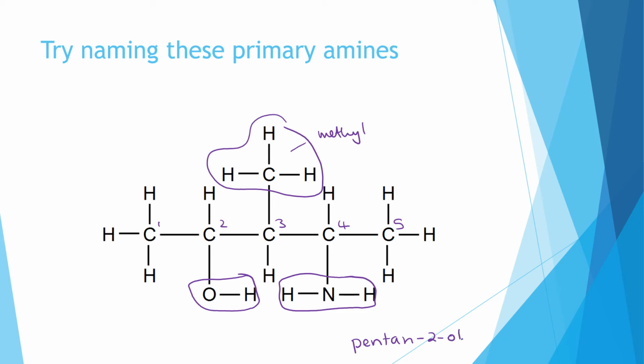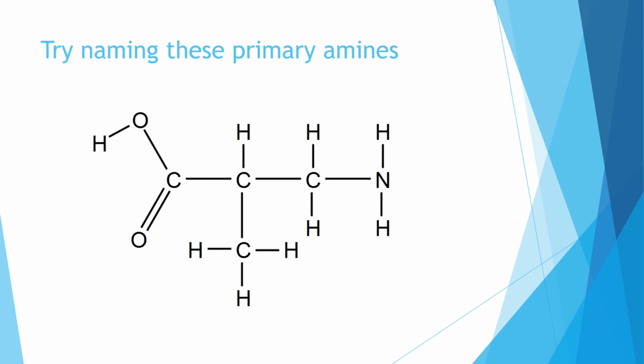And we have a methyl, which is located on carbon number 3. And we have an amino, which is located on carbon number 4. Try the next one. Stop the video.